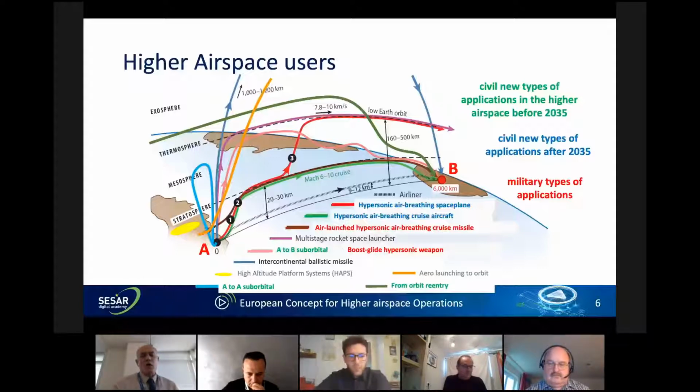So what we can see with the colors there is that there are some applications which come before 2035, for which we have to think from now how to implement some means, some rules, some procedures in order to be able to have a safe introduction of those vehicles in the airspace.